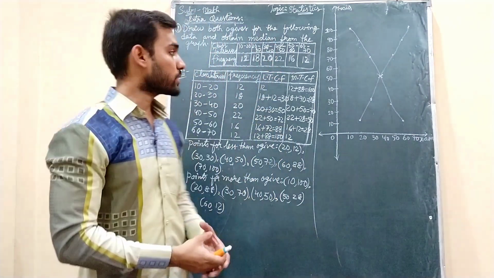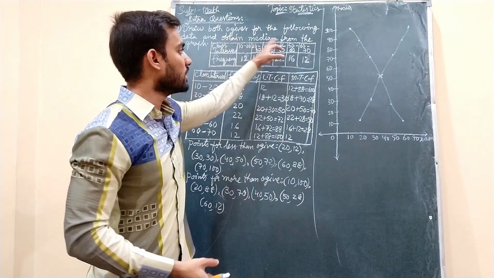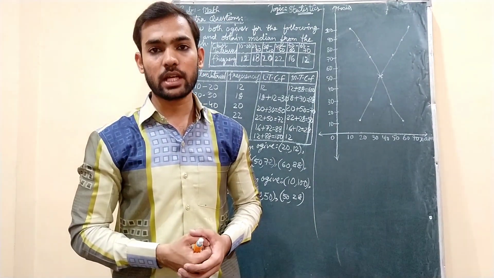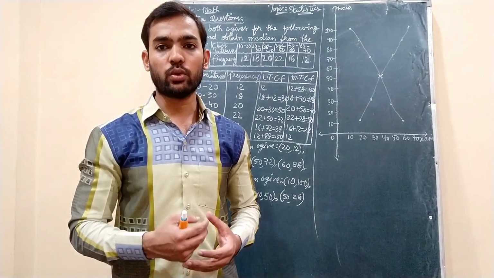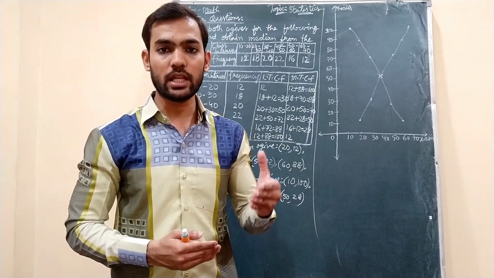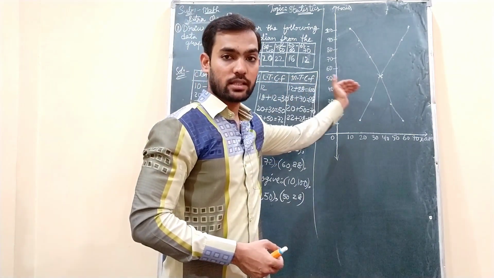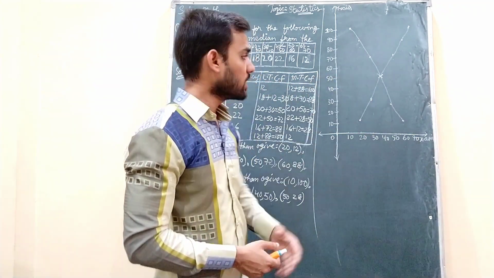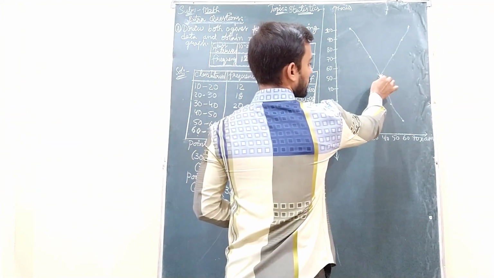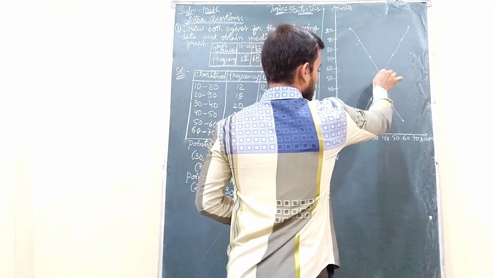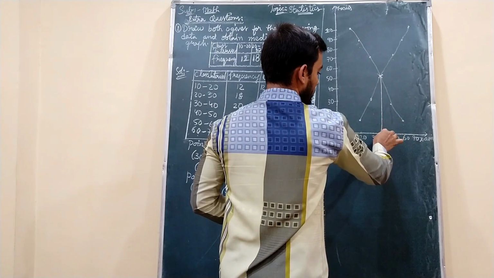Now here in this question it has also said that obtain median from the graph. So when two ogives are given, how to obtain the median from the graph? It is very easy. Wherever both ogives intersect each other, from there you need to draw a perpendicular towards x-axis. No need to come from y-axis and go towards x-axis. Just see, both the ogives are meeting at that point. So from here we need to draw a perpendicular towards x-axis.